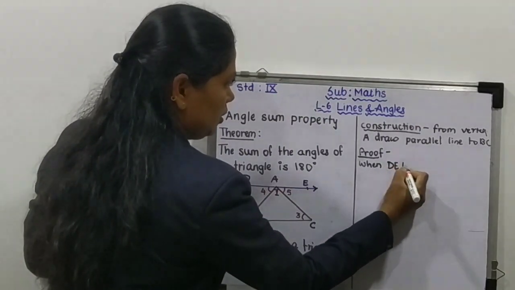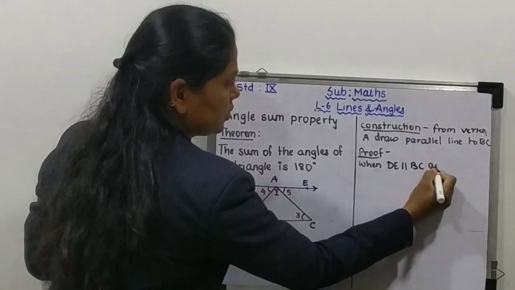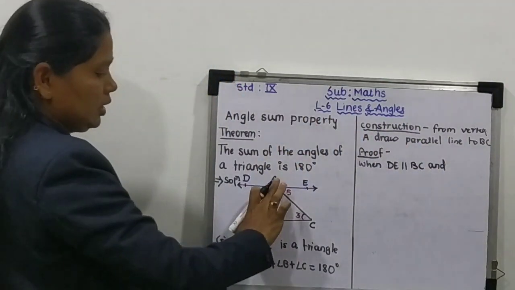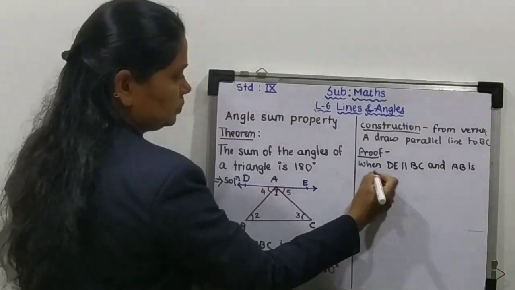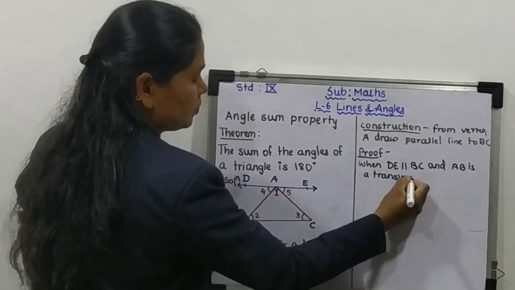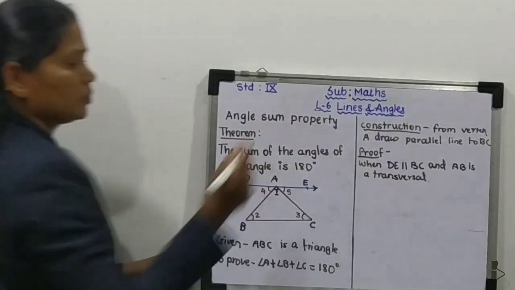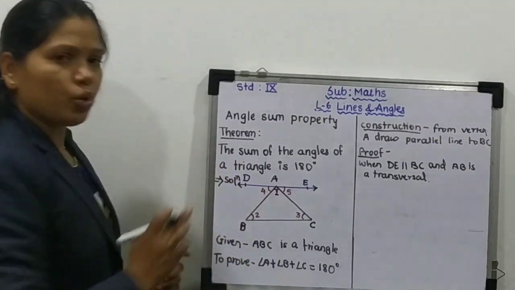DE parallel to BC and AB is a transversal, what do we have?